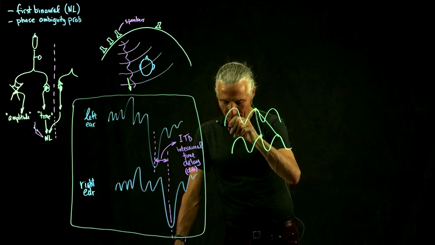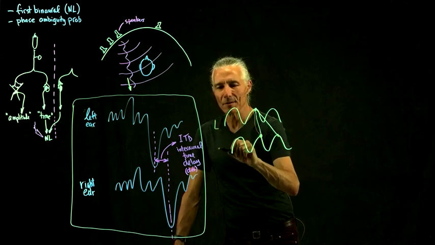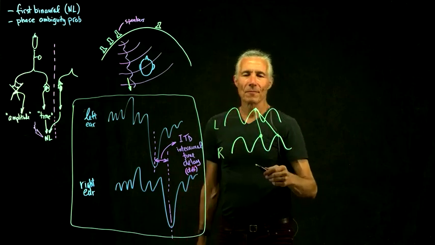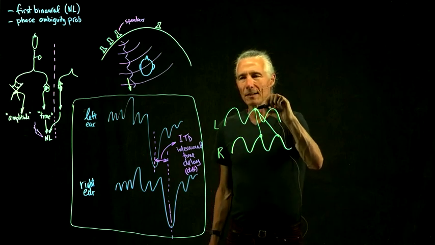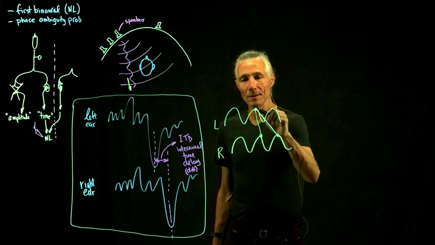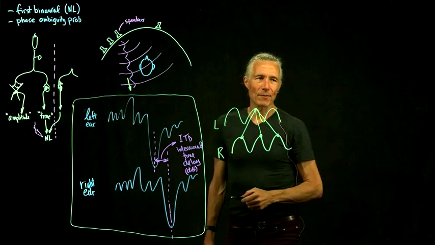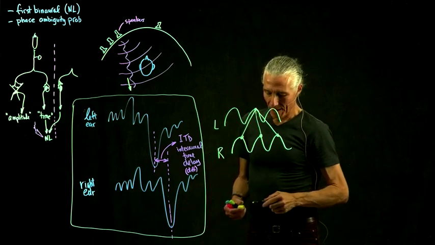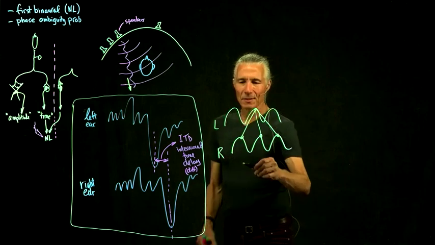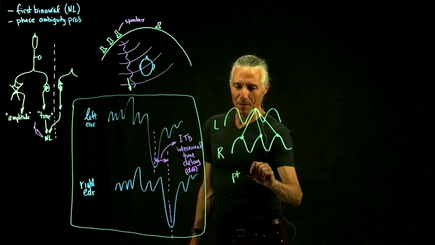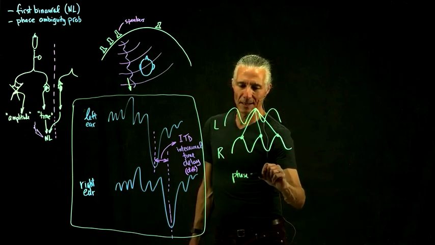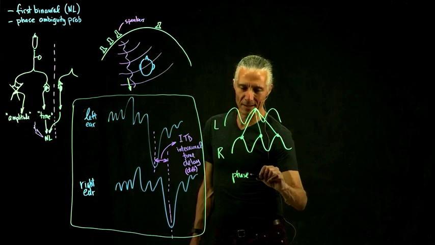Say this was the left ear and the right ear. So was it earlier in the left and quite a bit later, or was it maybe the other way around? Maybe the right ear came first. And so this is the phase ambiguity problem. And what causes it is the cochlea, basically.